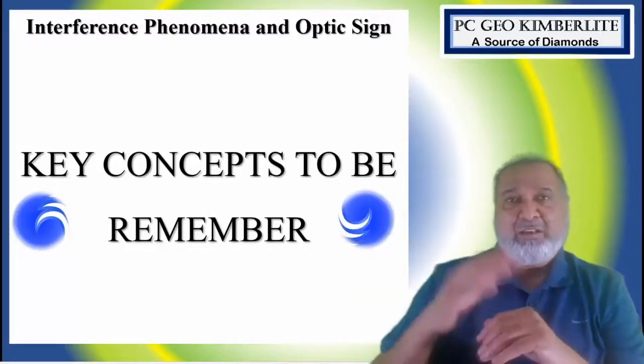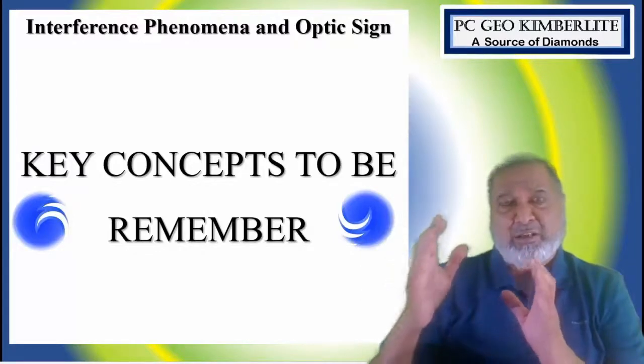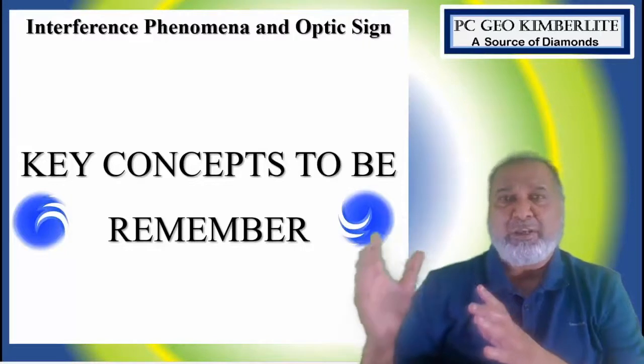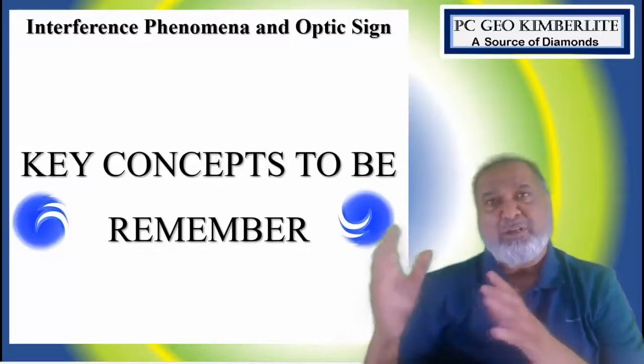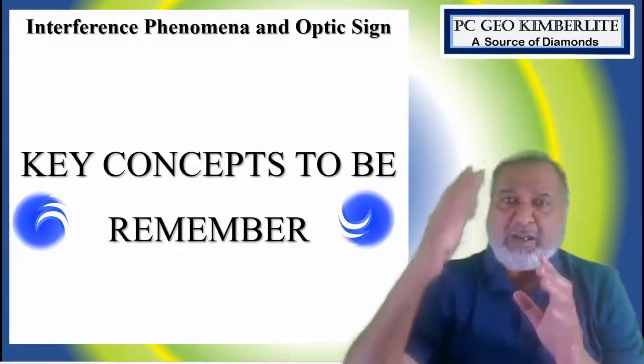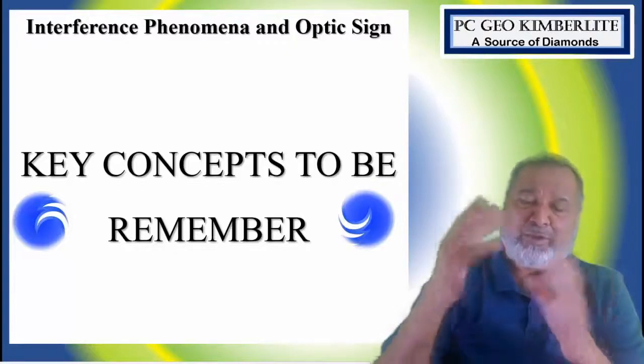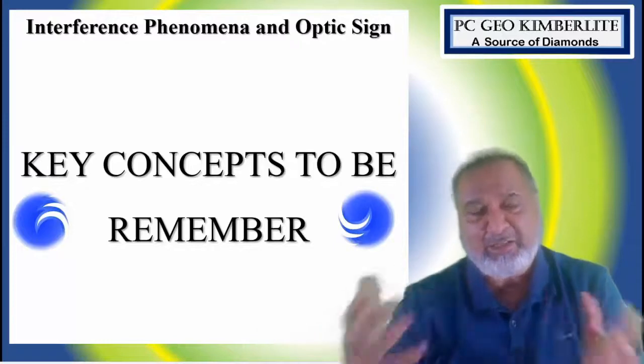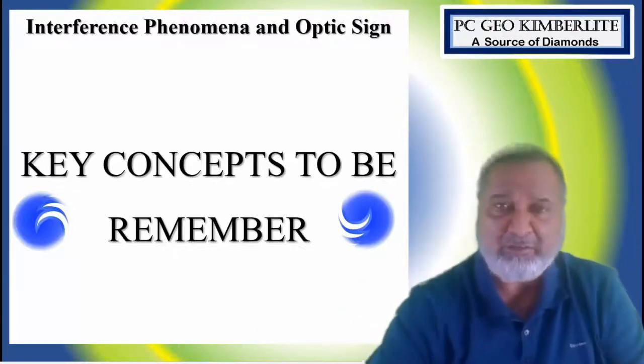Then in the next video I identified the optical properties under the play of crossed Nicol or analyzer. There I discussed the petrological microscope in detail. Those who are interested can go and check it on my channel.